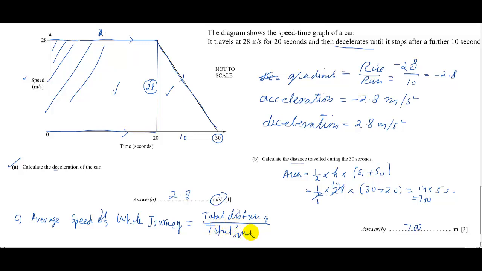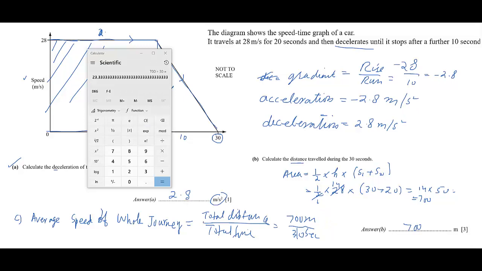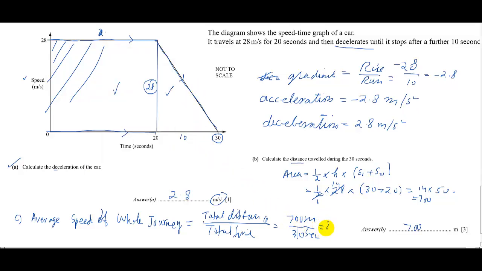And total distance traveled is 700 meters and the total time is 30 seconds. Let me simplify this one: 700 over 30, which is 23.3 meters per second.